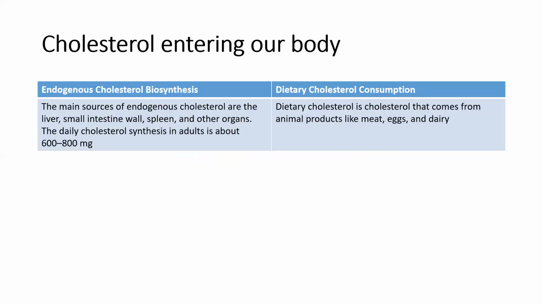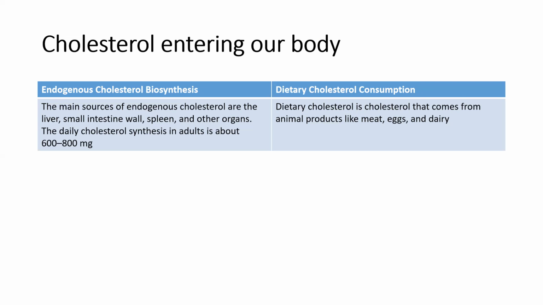Then coming to the different ways cholesterol enters our body. So basically there are two ways, as we can see on the screen. One is endogenous cholesterol biosynthesis and the other one is dietary cholesterol consumption. Cholesterol produced within the body is endogenous cholesterol biosynthesis, whereas dietary cholesterol comes from cholesterol containing foods, which we take in our diet.